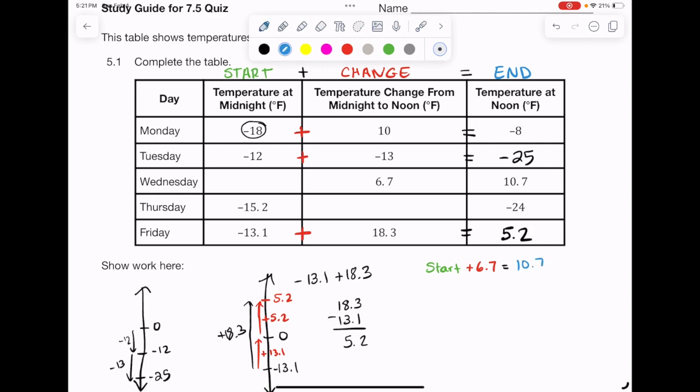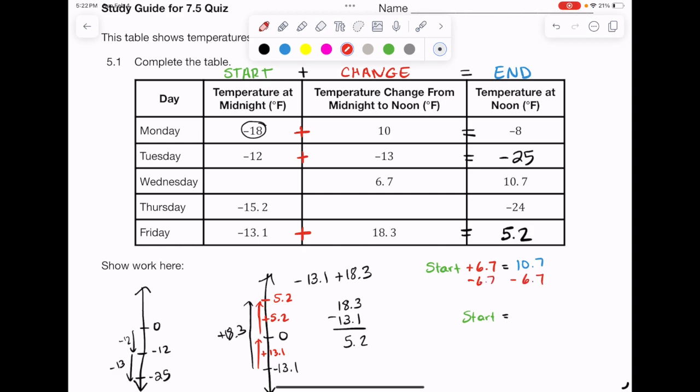If I want to find that starting location, I can subtract the two numbers, the end minus the change, and that's going to give me my original. So the start is 10.7 minus 6.7.